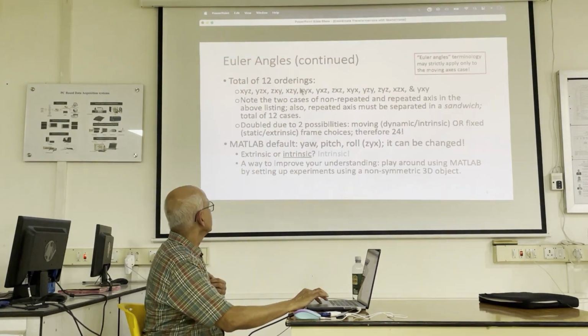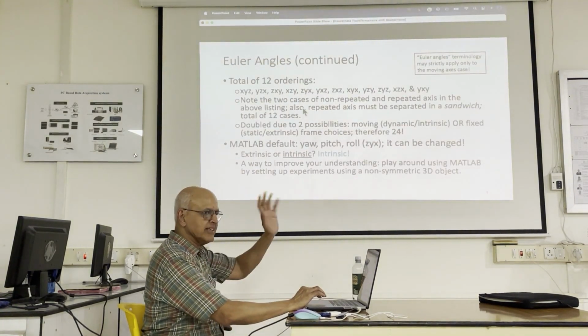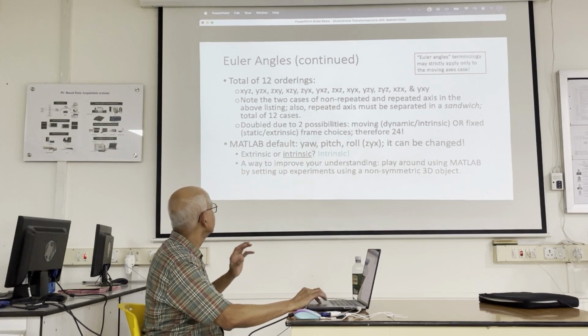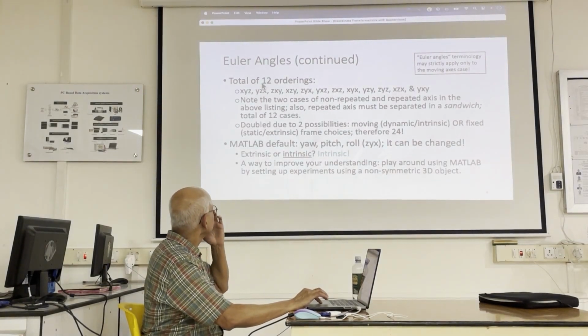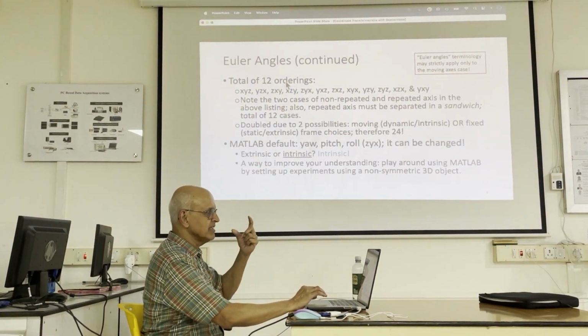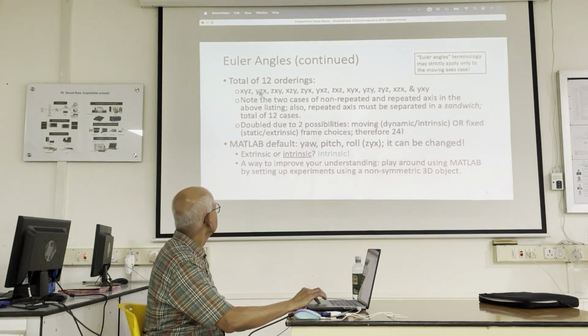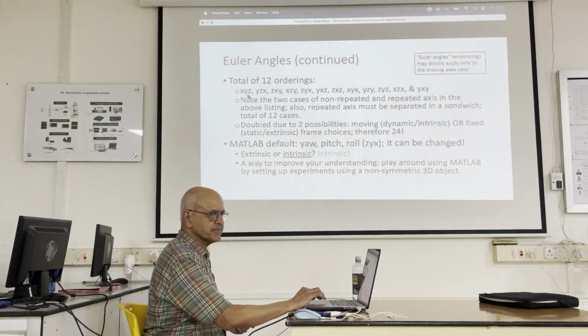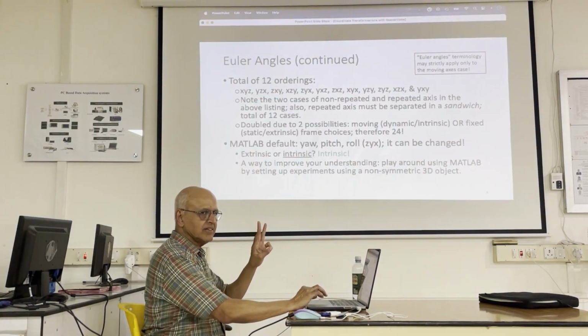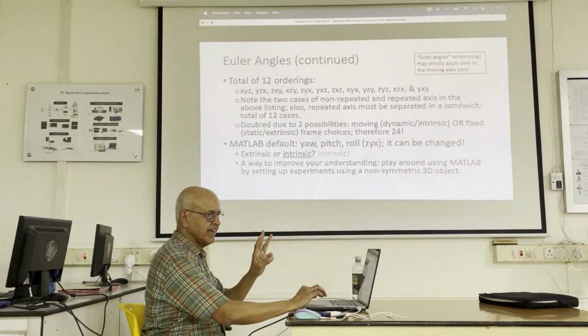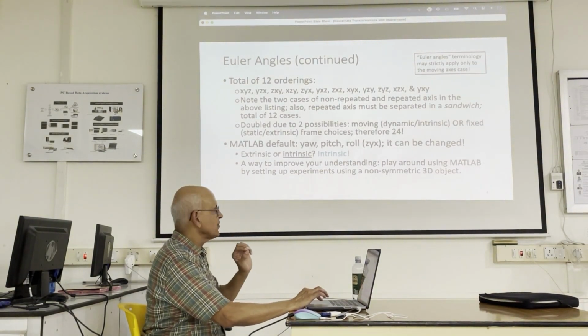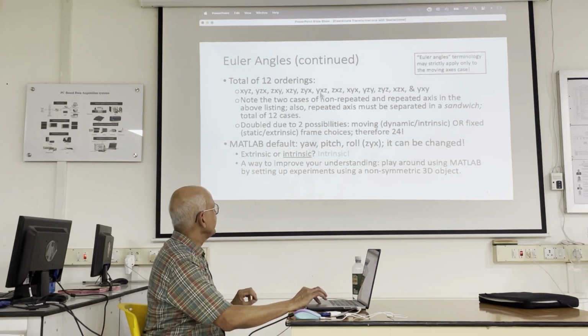We're going to get 12 orderings. We're beginning with the basics; there are many more. Since it is 3 angles in a proper sequence, what are all the possibilities? Now, you can have XYZ. In other words, let's first go without repeating the axis.